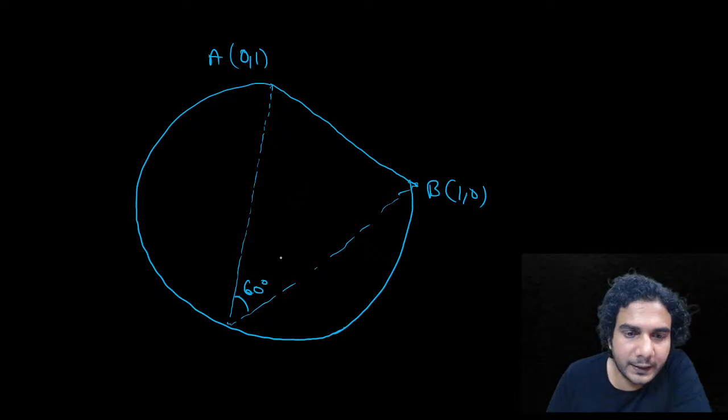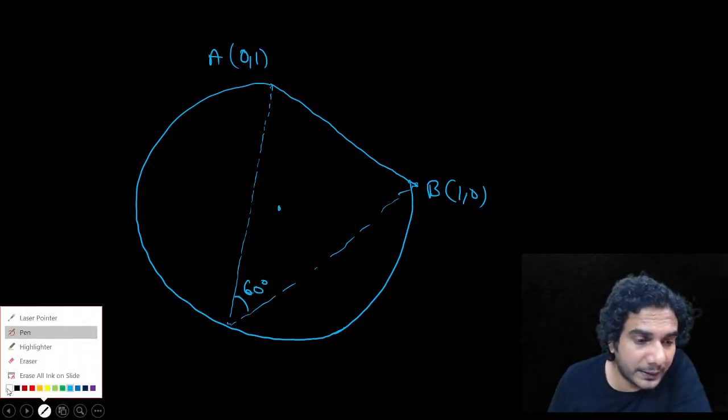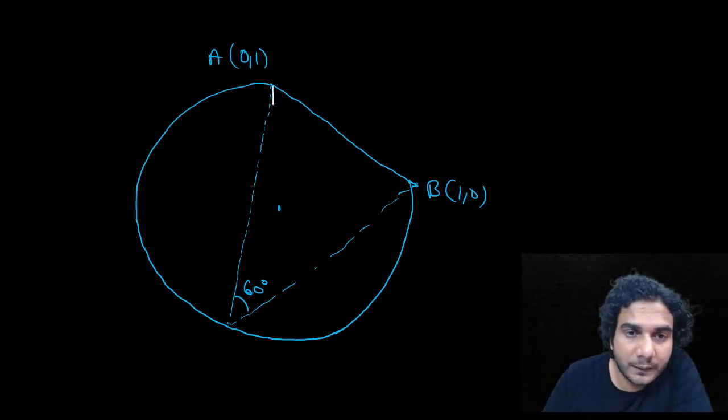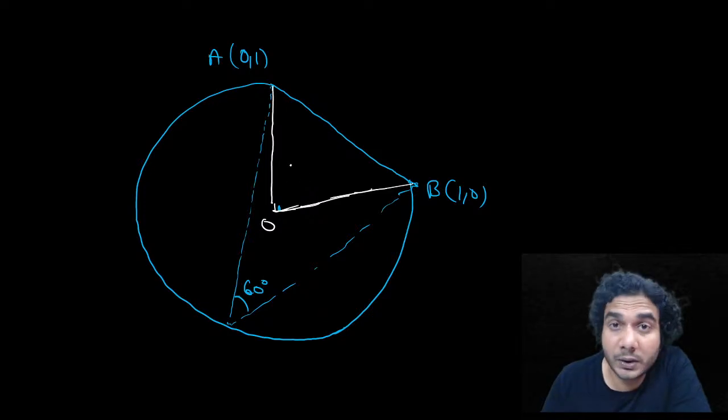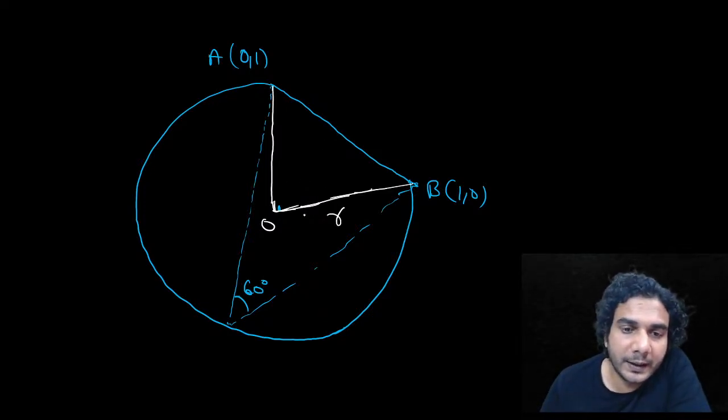This angle is 60 degrees. Because that's a major arc, we know that the angle subtended by this chord at the circumference is half of the angle subtended by this chord at the center, right? So if I take the center somewhere here, not the origin, then this will be the radius, and this angle will be 120, right?